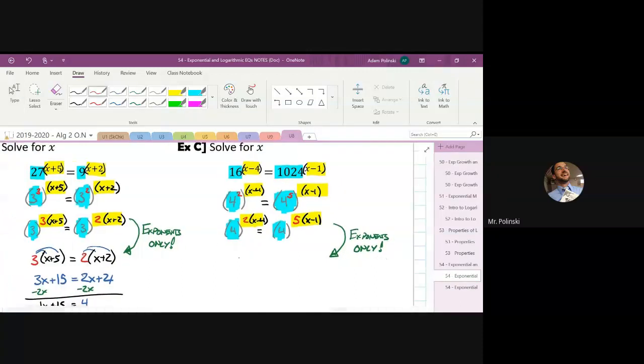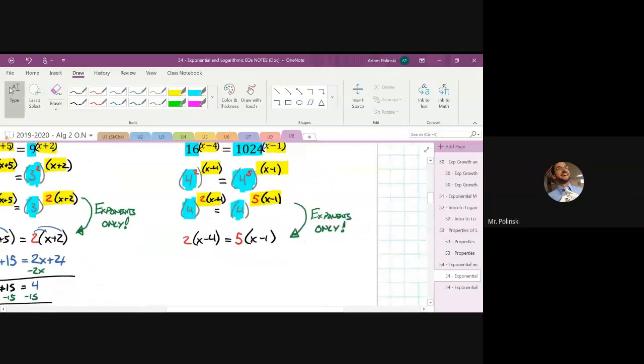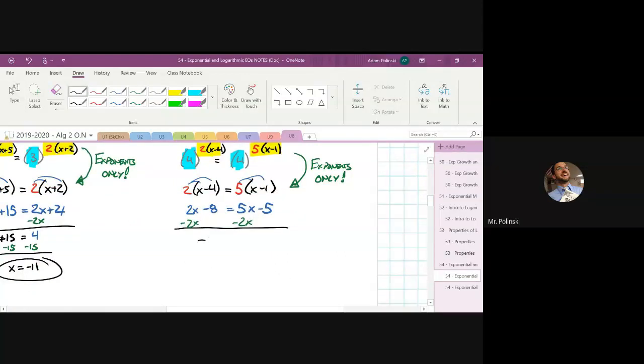Meaning that we have this equation of 2 times x minus 4 is equal to 5 times x minus 1. And just like before, this is just an Algebra 1 problem that we can make our Algebra 1 teachers proud. 2x minus 8 is equal to 5x minus 5, distributing correctly here. I would start off by subtracting 2x from both sides to give us negative 8 is equal to 3x minus 5. We could go ahead and add 5 to both sides here.